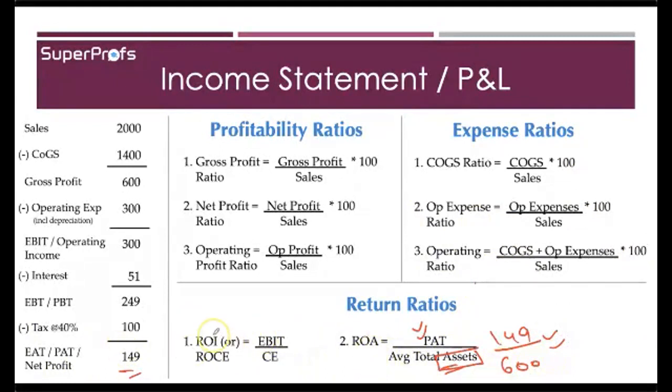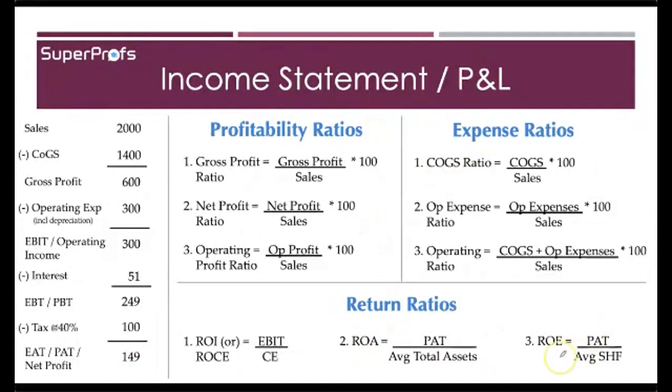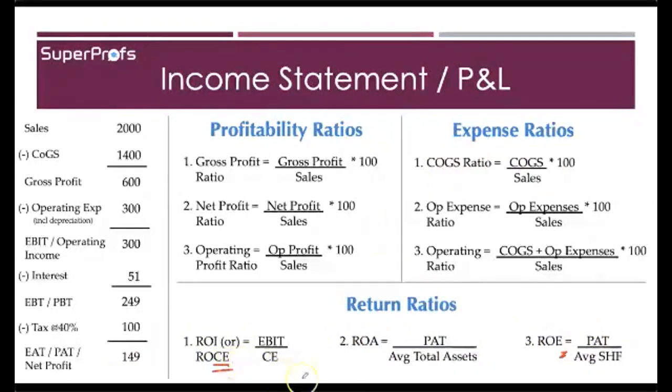Now, first you have calculated return on your capital employed, then you have calculated return on average total assets. Now the third one is return on equity. Remember, here we talked about capital employed, so we have taken the complete capital, whether it was the owner's fund or the borrowed fund.